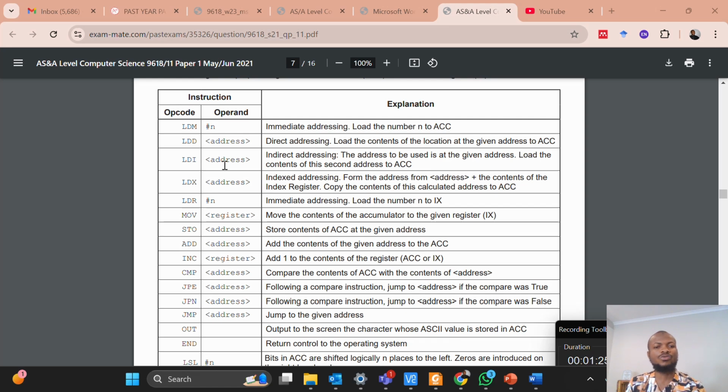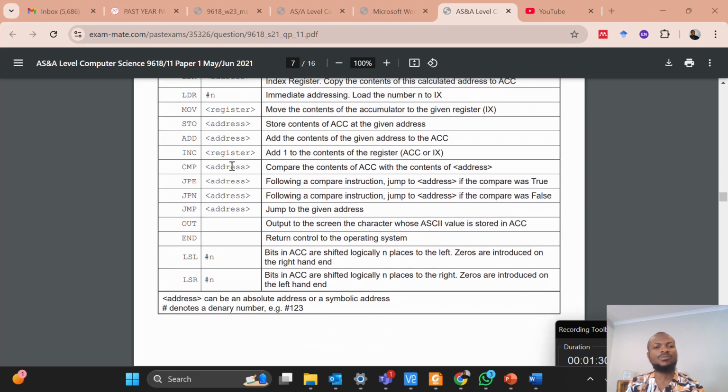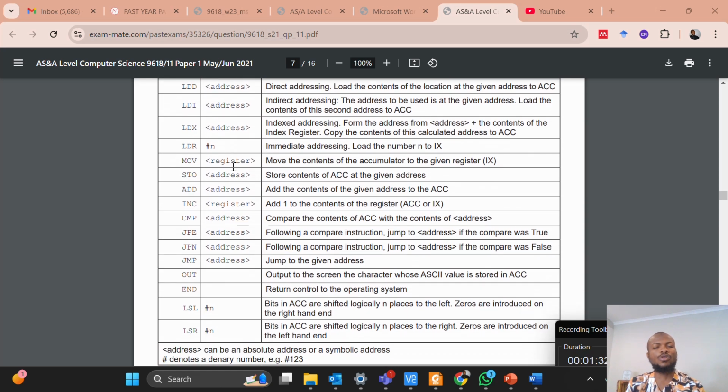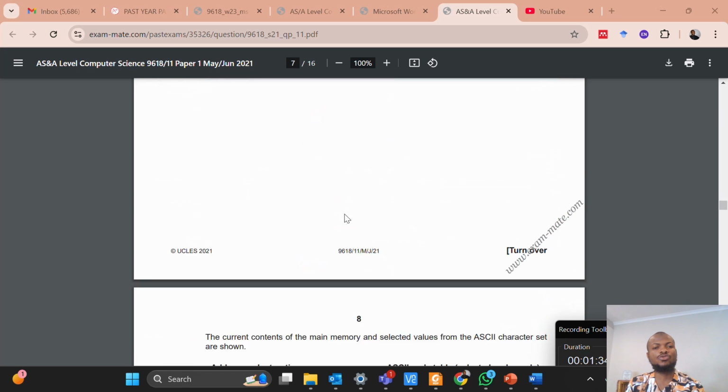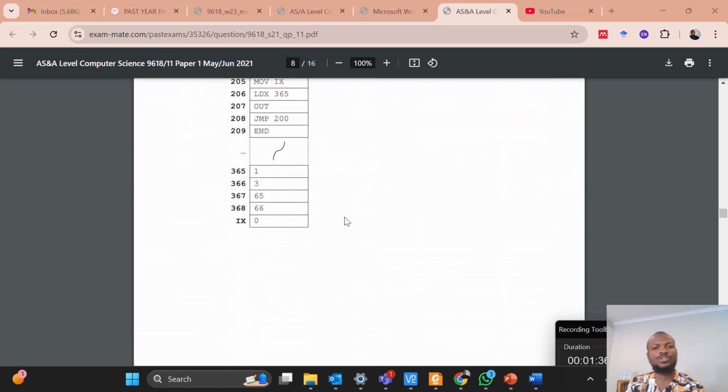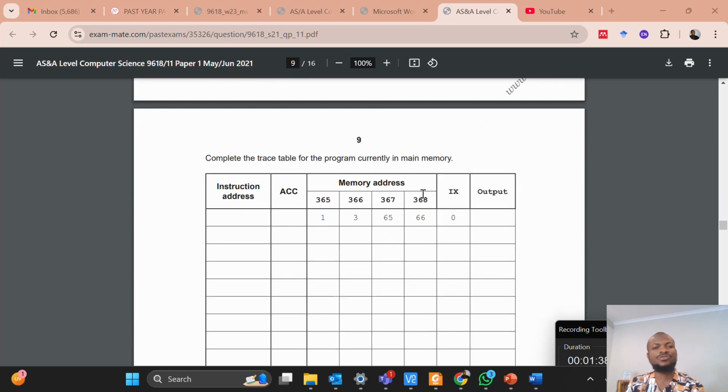I expect you to have learned all these assembly language instructions, because we'll be using them to answer this question and complete this trace table.